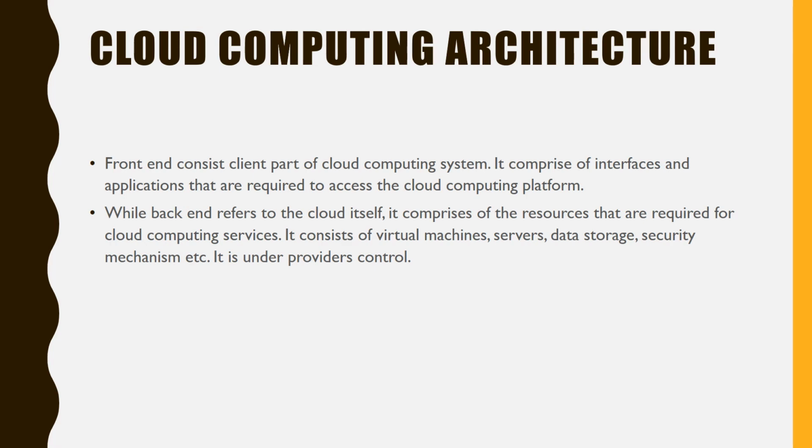The backend is the cloud, where all the resources and files are stored, comprising virtual machines, servers, storage servers, mainframes, and some security checks, and the full control of this whole cloud computing mechanism is under the service provider only.